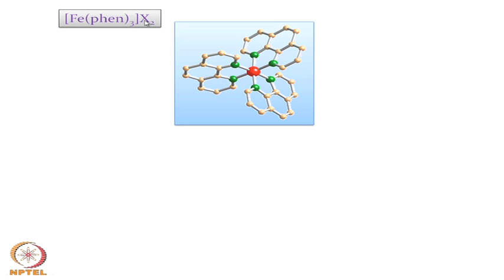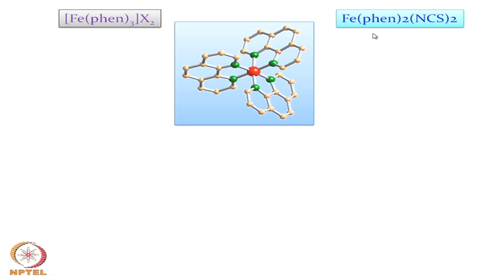The 2 X groups can be chloride, bromide, or iodide. Depending upon the compound's isolation technique, we can have 3 different salts. It is a dicationic compound obtained as its salt, and these anions also have a profound effect on the high spin and low spin states due to crystal field packing.